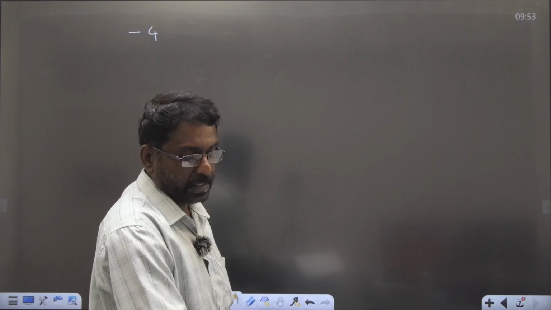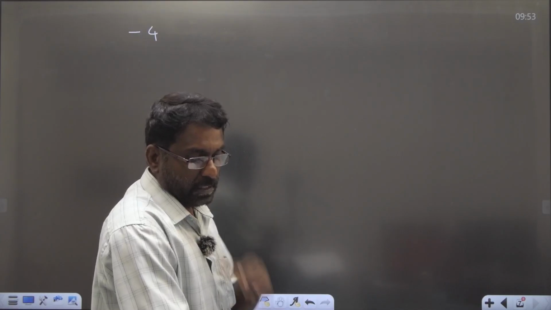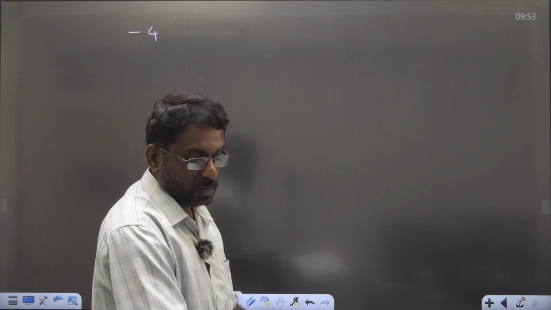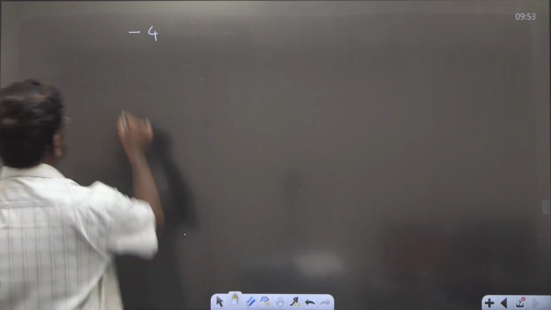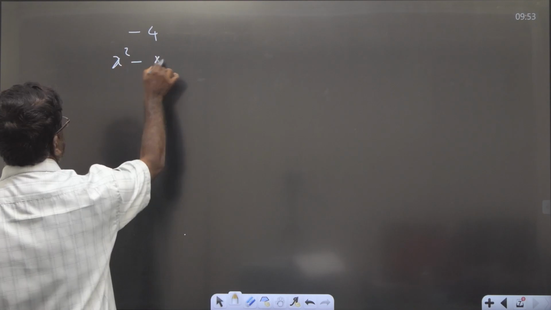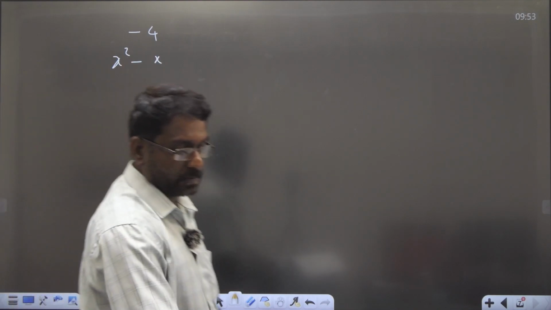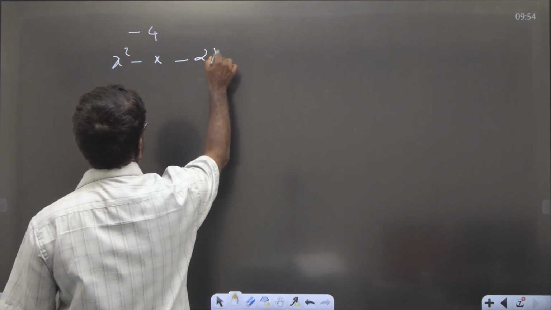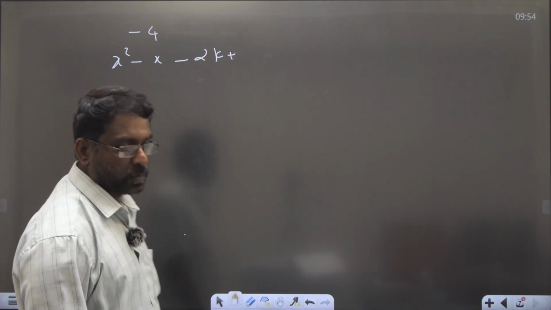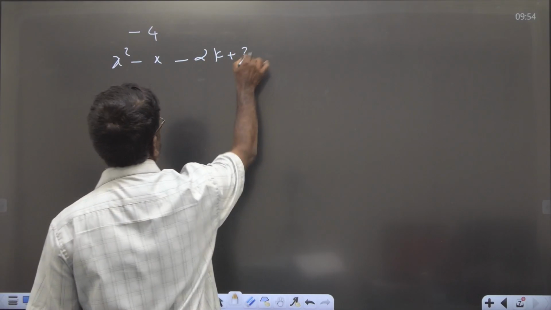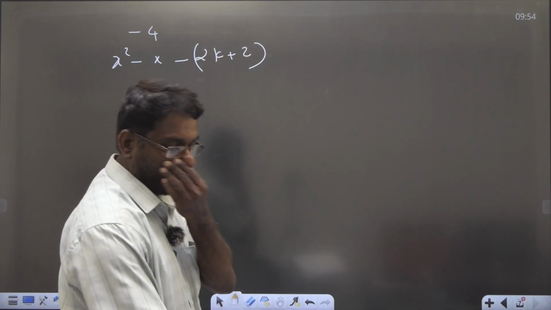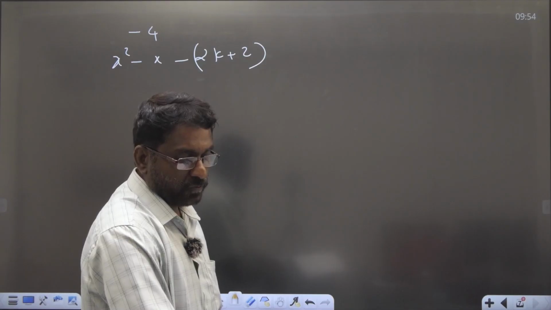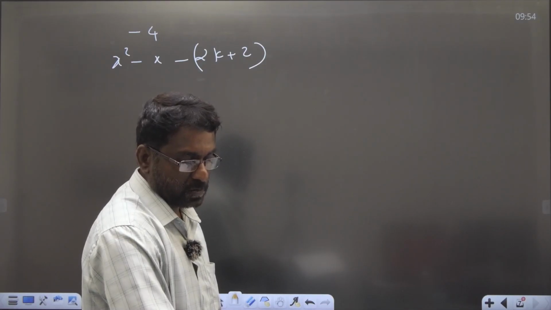The number negative 4 is a zero of the polynomial x square minus x minus 2k plus 2. Also find the other zero.